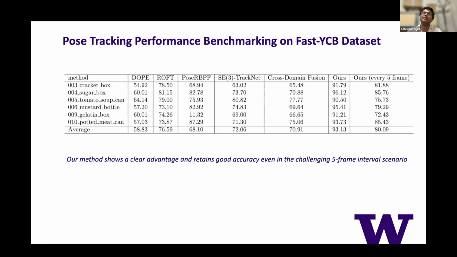In fact, we skipped 4 frames at a time and gave the robot every fifth frame, and then asked it to track the poses of the objects, and it did remarkably well. It wasn't as good as if it had seen all the frames, but still, if you look at this average performance, that's better than all the methods that we benchmarked against.